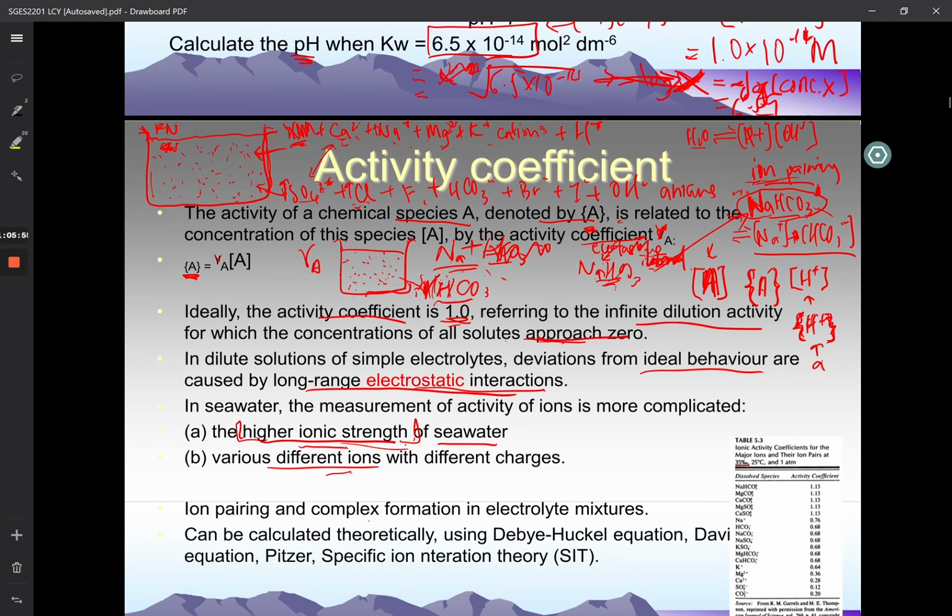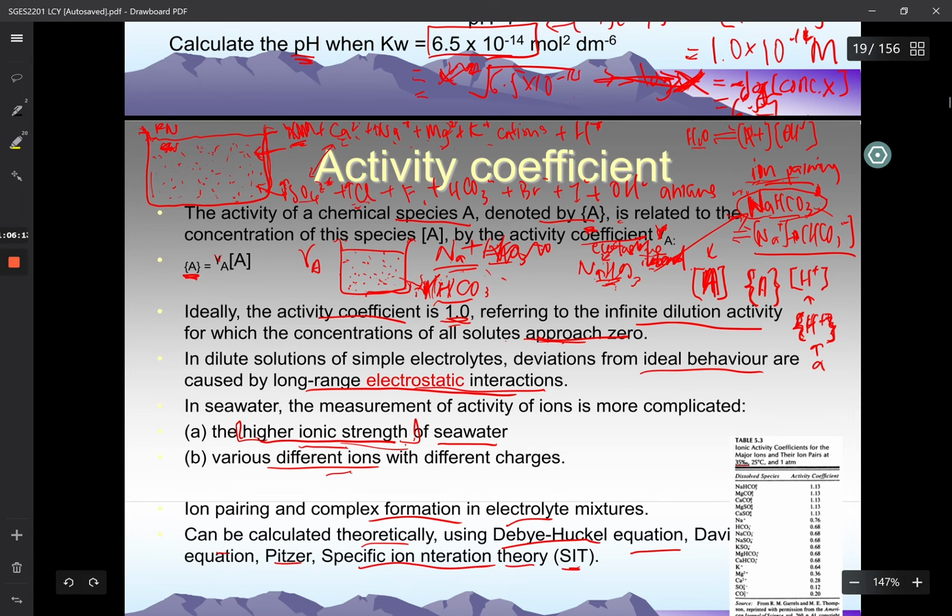Ion pairing and complex formation in electrolyte mixtures can be calculated theoretically using the Debye-Huckel equation, the Davies equation, the Pitzer equation, or the specific ion interaction theory, which is the SIT.